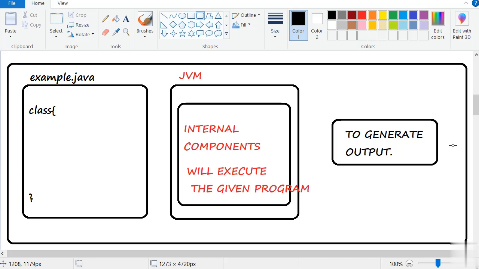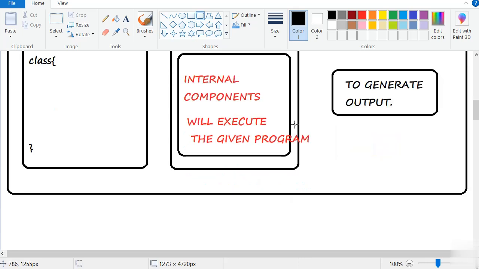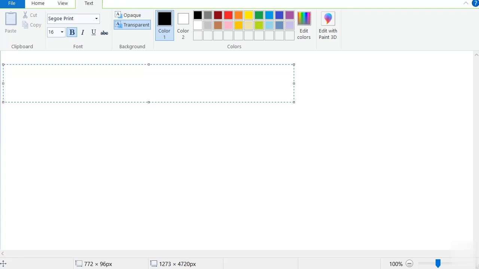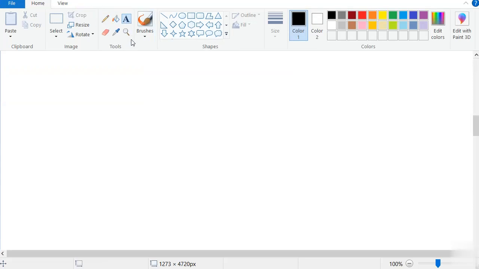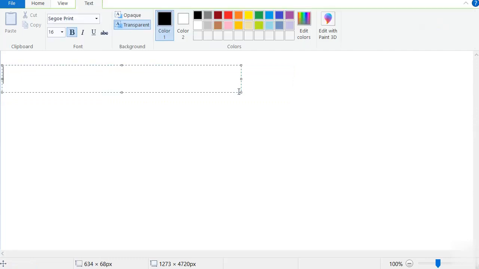First we will see what is the definition of JVM, Java Virtual Machine.